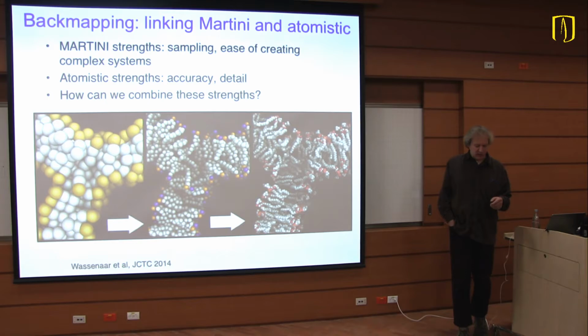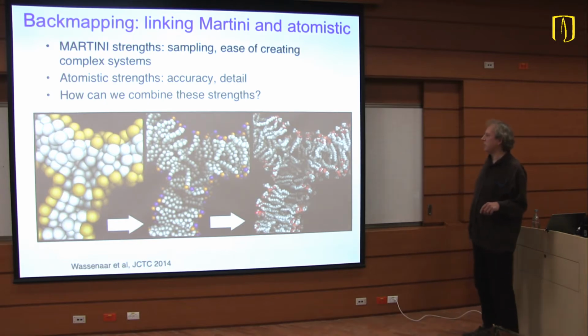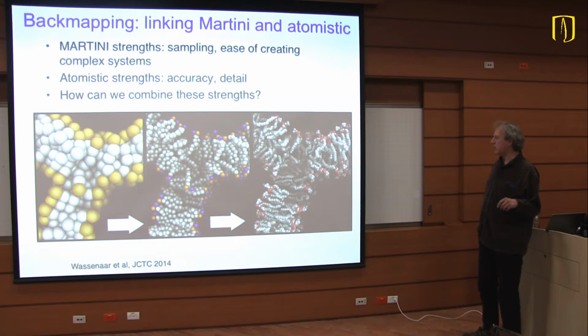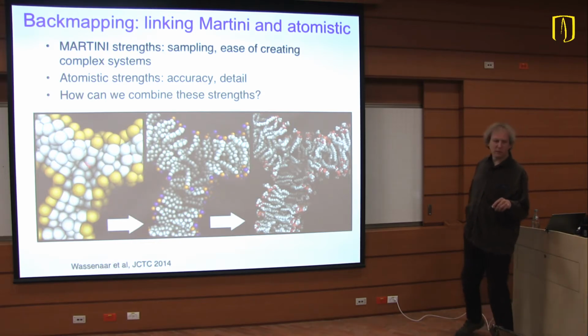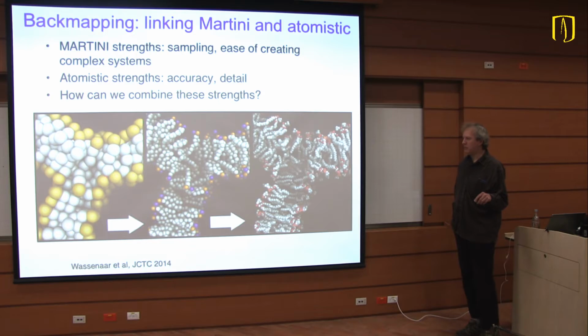So we've been working on tools. This is a slide from Tjerk Wassenaar, who's been both in my group and in CEO Jan's group. He's currently still in CEO Jan's group. This is Martini. This is atomistic, so every single atom. And this is an even coarser model that membrane biophysics types, especially from the real physics community, like, because you can do mechanical calculations on this, bending, and you can make very large structures.